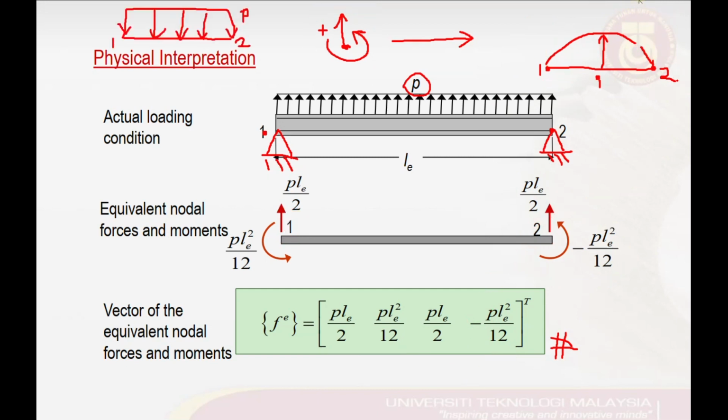So if, for example, now we have the beam subjected to a uniform distributed load pointing downwards, we can draw the equivalent nodal force and moment applied to node number 1 and node number 2 of our structure.